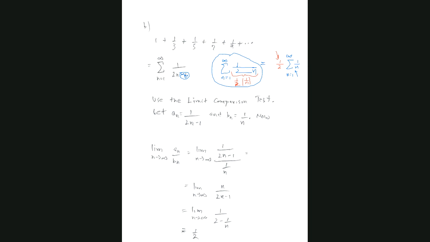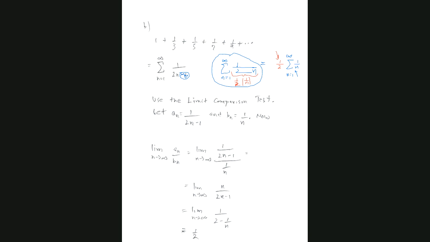I recognize that when n is large, that -1 in the denominator doesn't influence the sum. So essentially, that sum behaves like the sum where n equals 1 to infinity of 1 over 2n. But that series can be written as 1/2 times a harmonic series.